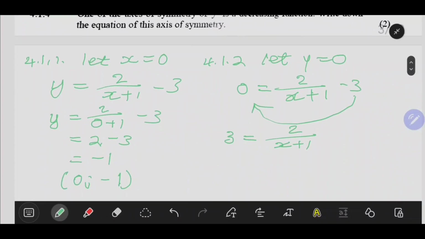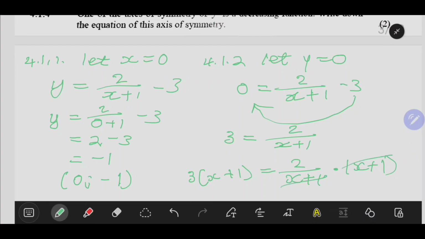And now we must remove the fraction. By removing the fraction, we multiply both sides by the denominator. So in the next step, you're going to have 3 into x plus 1, which is equal to 2 over x plus 1 multiplied by x plus 1. What you do on the left hand side, you also do on the right hand side.